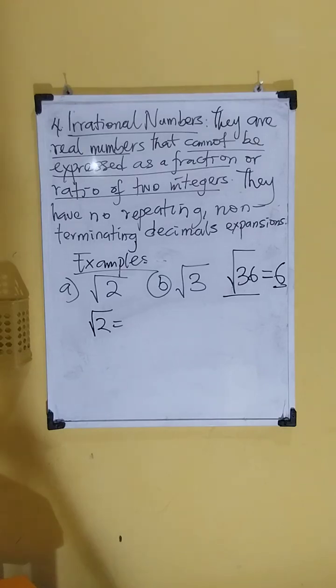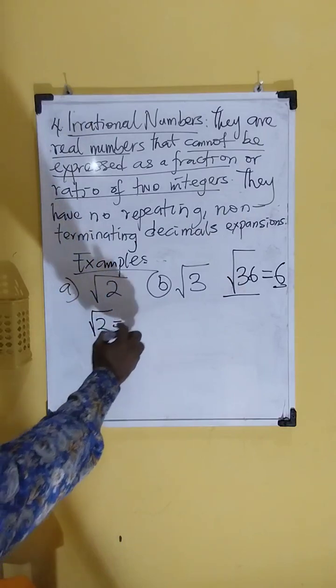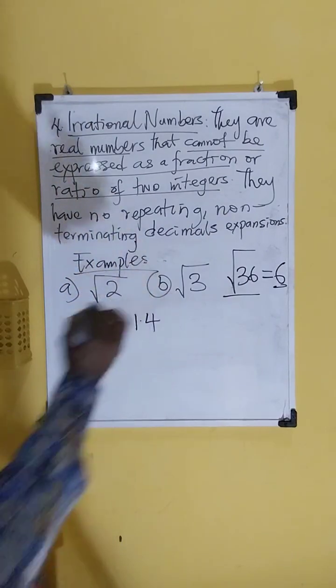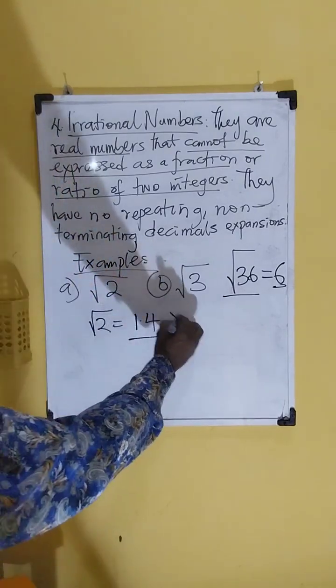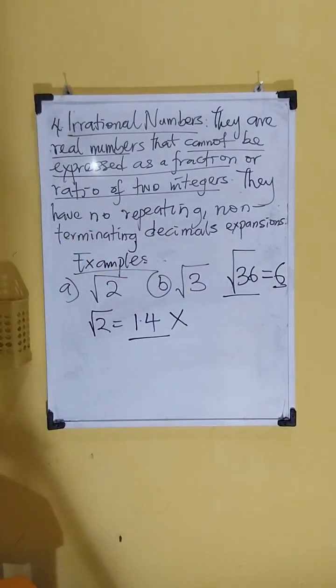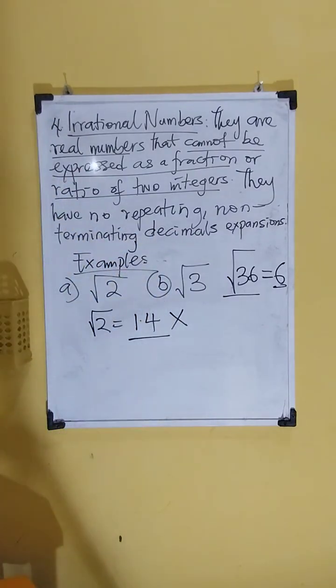So please try to get to know how to use your calculator to find the square root. The square root of 2 is 1.4. Is this an integer? No, it is not an integer, because the returning value is a decimal number.